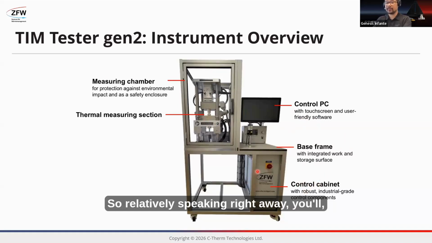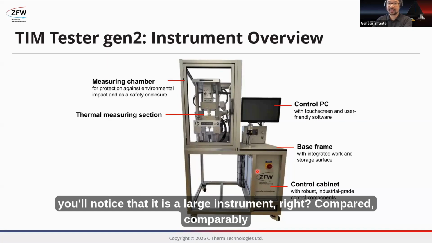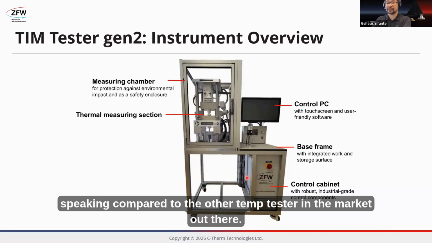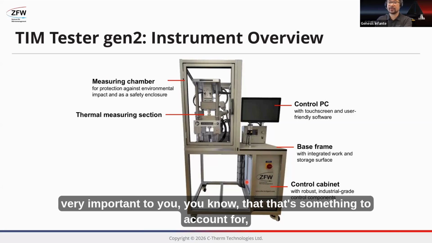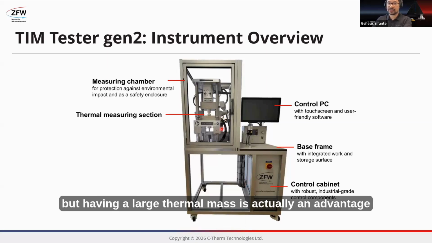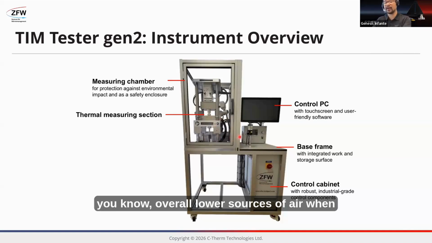Relatively speaking, right away you'll notice that it is a large instrument, comparably speaking, compared to the other TIM testers in the market, and that has certain merits in itself. Space may be very important to you, so that's something to account for, but having a large thermal mass is actually an advantage to a certain extent, because that translates to overall lower sources of error when it comes to, let's say, heat losses, right?